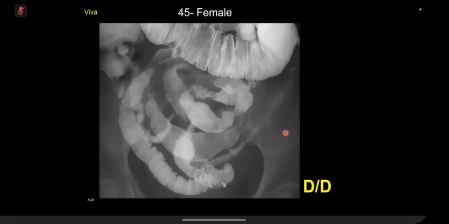So the bowel loops appear fixed. I can see multiple strictures, and at a few points they're quite long and irregular. I can't see any typical shouldering in them. So as there is a history of radiation, this is likely radiation-induced strictures.